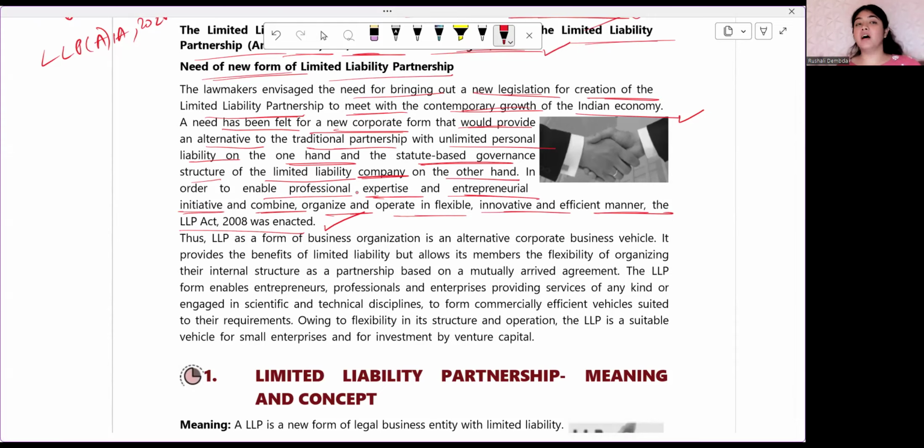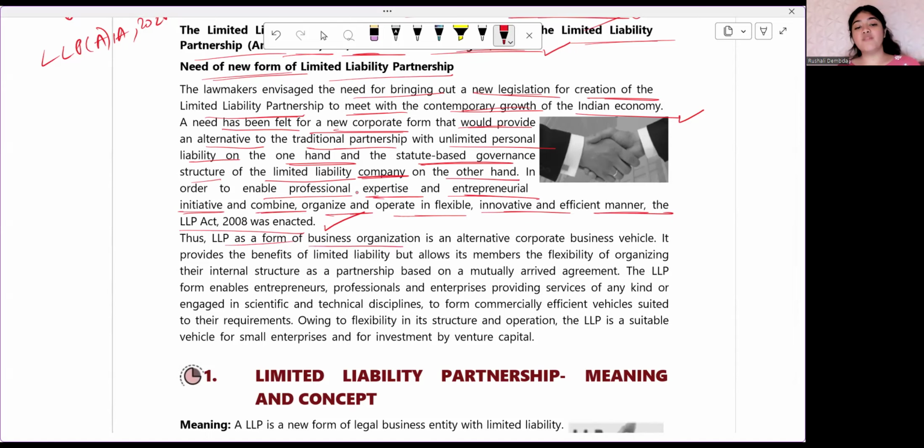Entrepreneurial initiatives, small entrepreneurs can enter into LLPs. Then they can combine, organize and operate in a flexible, innovative and efficient manner. They can do work on their own basis, any flexibility that is required, the capital requirement, they can set as they want. Then innovation, new ideas also can be inculcated when they are working in an LLP.